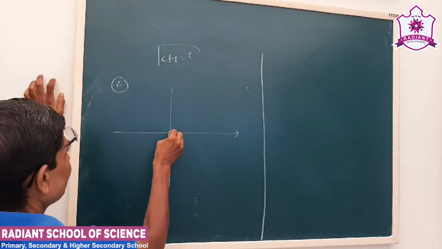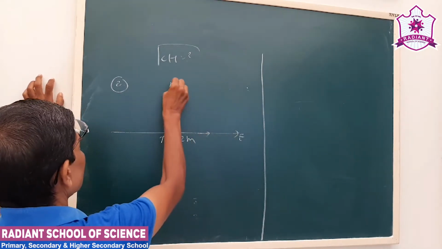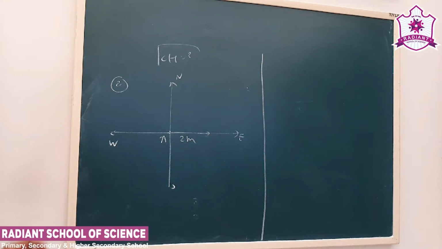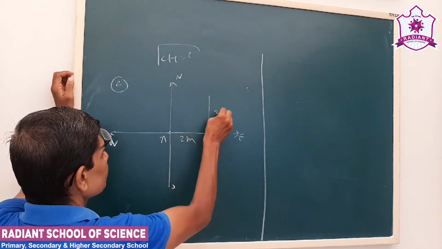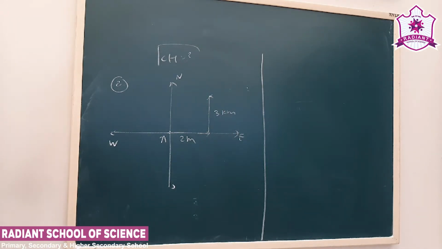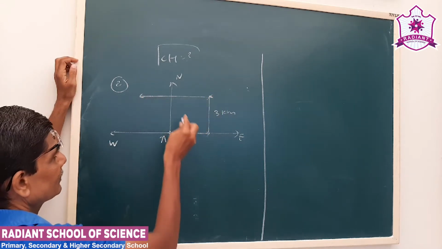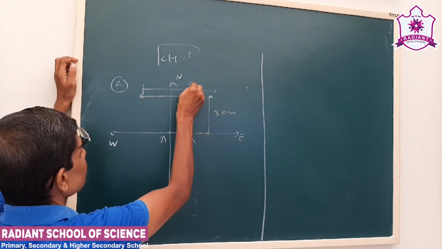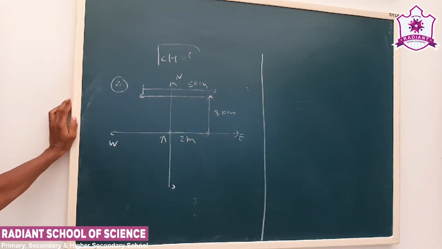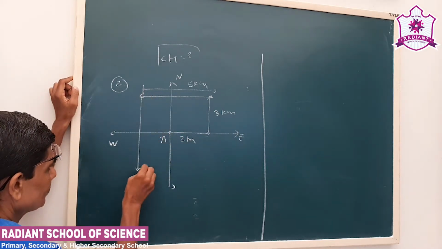Starting from A, it covers 2 kilometers in the eastward direction, then 3 kilometers in the northward direction, then 5 kilometers in the westward direction, and finally 5 kilometers in the southward direction.